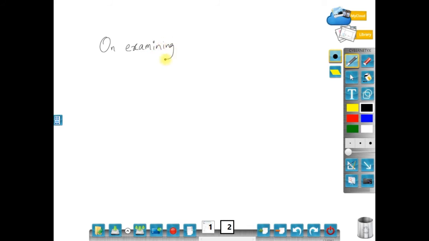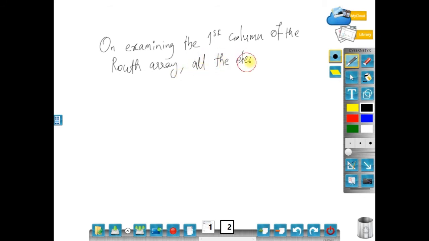On examining the first column of the Routh array, all the terms are having positive entries.